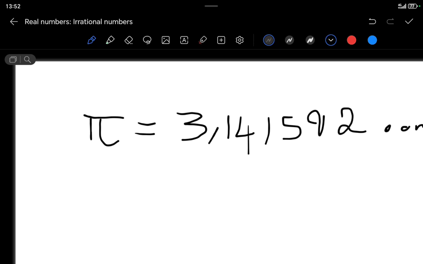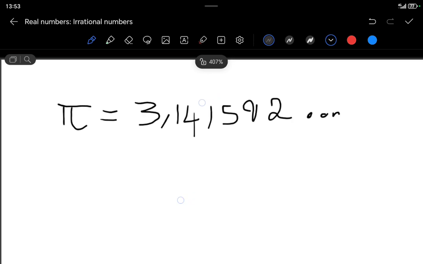As you can see, the pattern is not repeating, meaning it's not recurring, and it's not stopping, meaning it's not terminating. If it's not stopping or not recurring, we cannot write this as a fraction, meaning in the form a over b. Because of that, it is irrational.